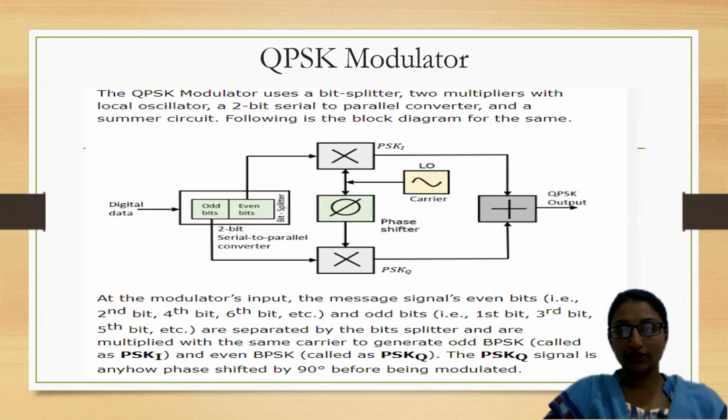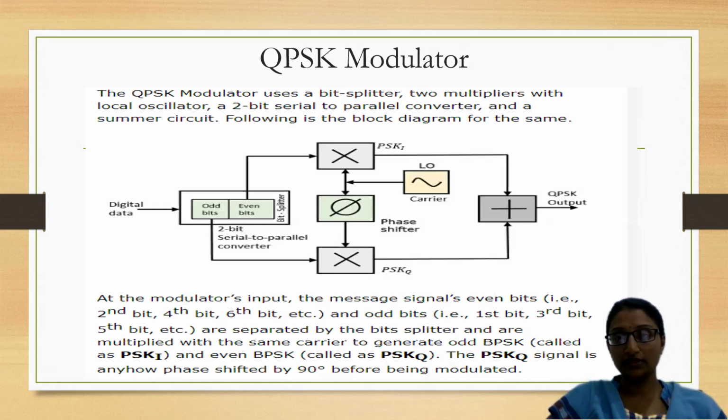To those product modulators, one input is the even or odd bits, and the other input is taken from the local oscillator. The local oscillator signal is phase shifted and given as the other input to the lower part of the block diagram, which is called quadrature. The upper part we call in phase, and the lower is quadrature. When you sum both the signals, you get the QPSK output wave.